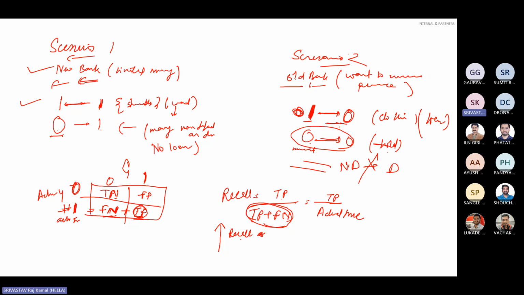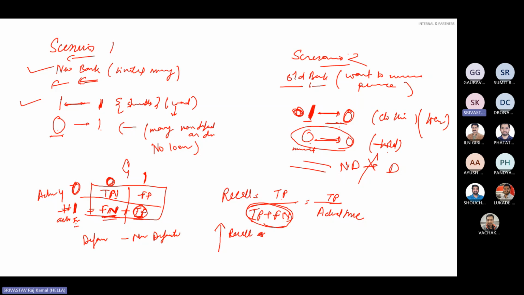So what is the intuition behind that? It says this model focuses more on reducing the cases where the actual is a defaulter but the model predicted 0. Defaulter being predicted as non-defaulter, we want to reduce these numbers. So basically we want to reduce the false negative.